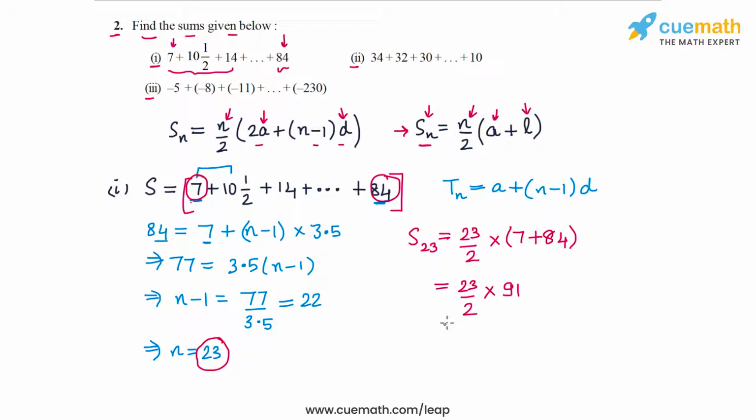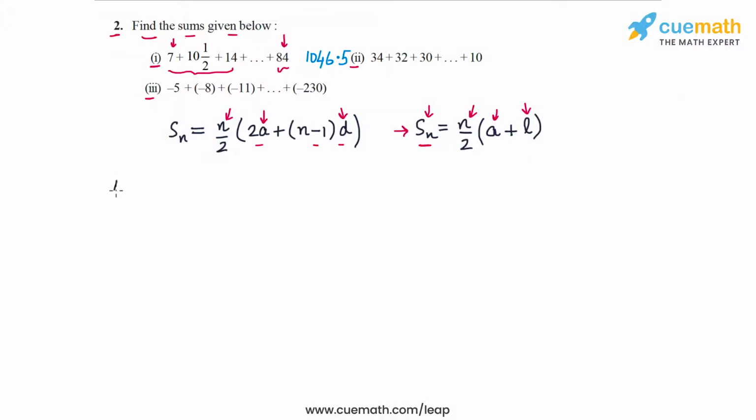Now 23 times 91 is 2093. So 2093 by 2 is equal to 1046.5. This is our answer for the first part. The first sum is 1046.5.